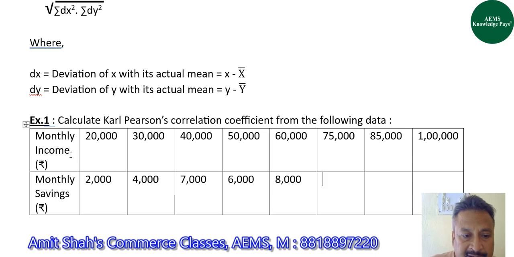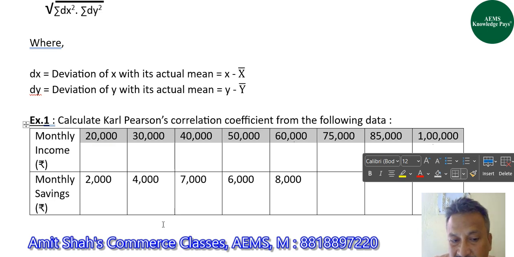So this is the data of, guys, monthly income and monthly savings of 8 families.